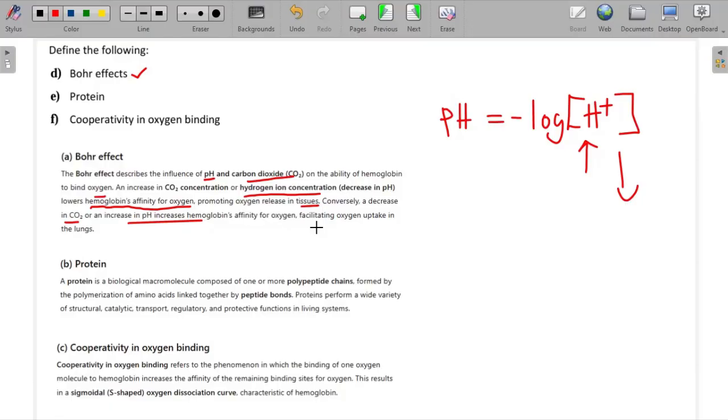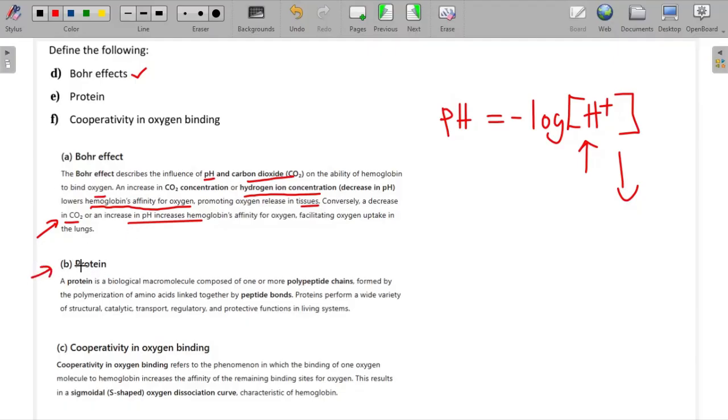But when there's a decrease in carbon dioxide concentration, or an increase in pH, the hemoglobin's affinity for oxygen increases. Why? So that it facilitates the uptake of oxygen in the lungs so that you're able to breathe properly. That's what the Bohr effect is.